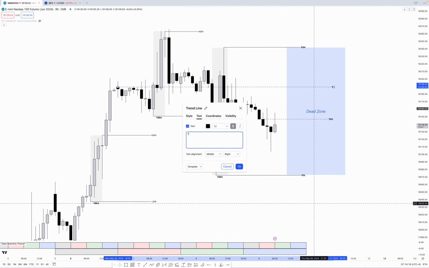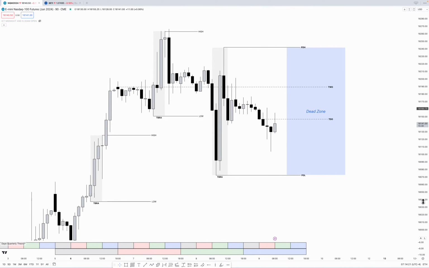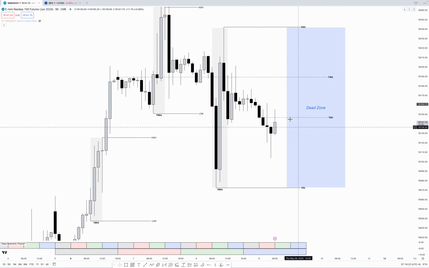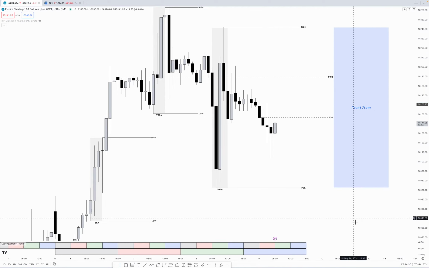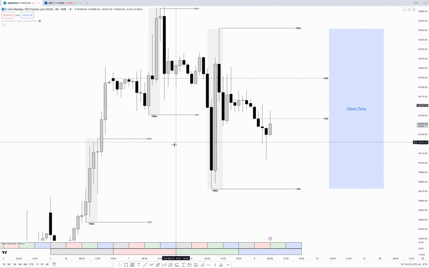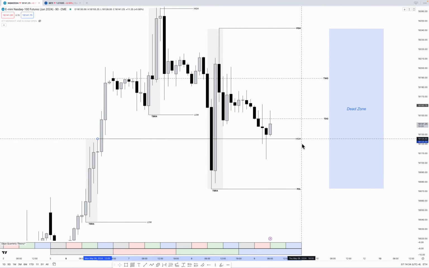So if you were to look for some form of trades, I would say bullish price would be the most ideal in this case, especially with the fact that right now we are also within this discount range.